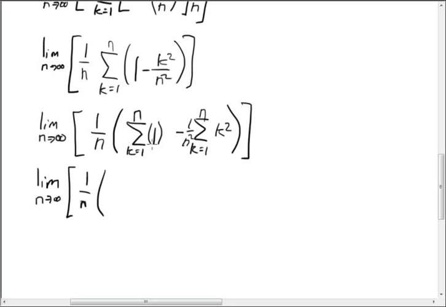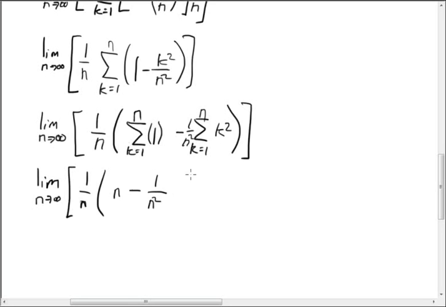Now here we get to simplify these out using our formulas that we've learned. This is basically the definition of multiplication. You have a number added to itself n times, so that would be n times that number. So, since that number is 1, we have 1 times n minus 1 over n squared.